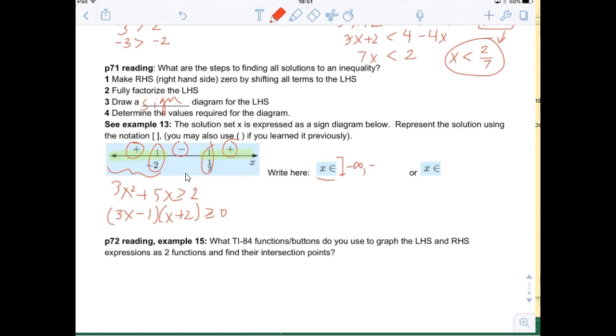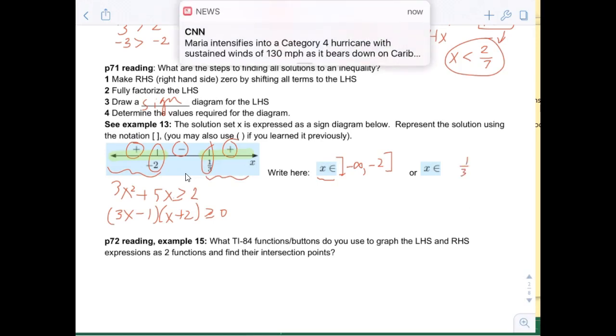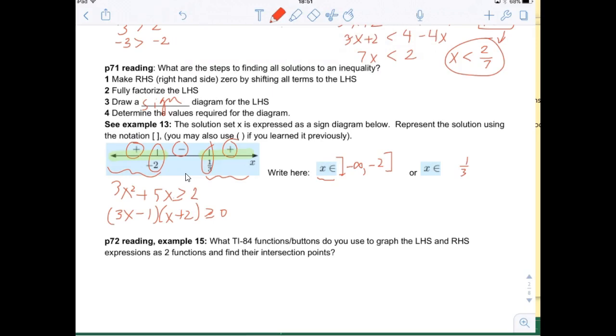We do include the -2 value, so we include it with the square bracket facing the normal way. Now, the other interval, this interval here: one of the critical points is 1/3. The other critical point is infinity. We don't want to include infinity in the interval. We do want to include 1/3 in the interval. So that's how the square bracket notation works.